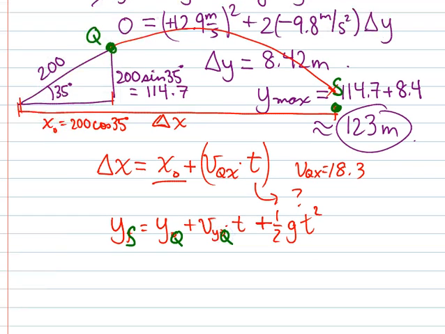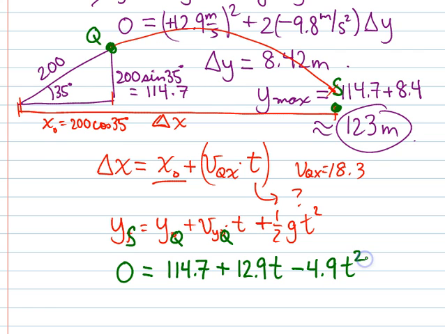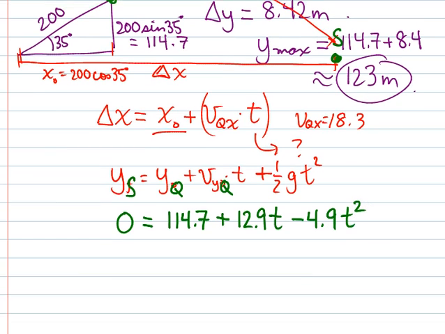We already know what all of these are. The height at the ground is 0. The height that we start with is 114.7. The initial velocity is positive, and it's actually 12.9. And then we have our gravity term. At this point, again, I would use Wolfram Alpha, or just pop this into a calculator, and I would solve this for the time, and I'm going to get 6.32 seconds.